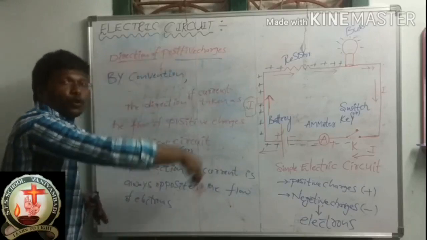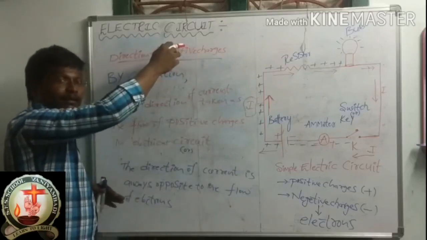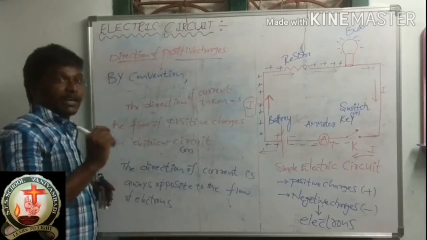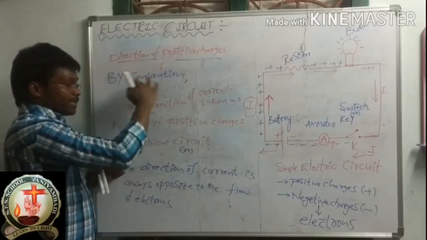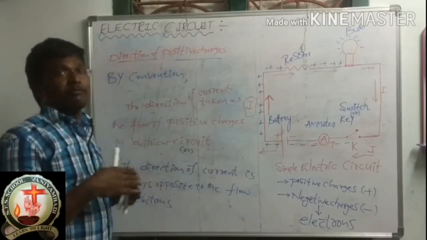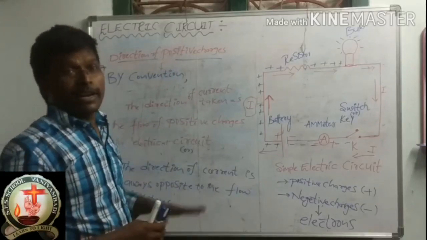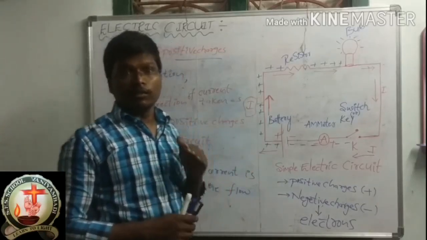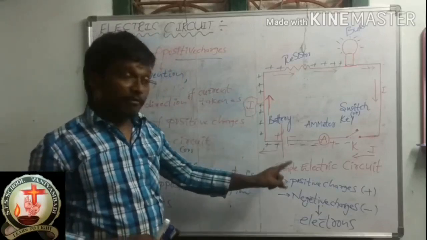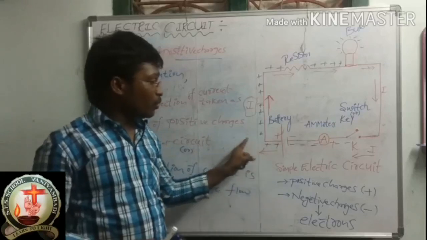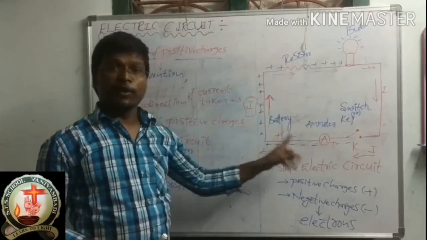It is a very important definition, a very important point. By convention procedure we are telling these two. So finally, what is the direction of the current in any electrical circuit? The direction of the current in an electrical circuit is always from the positive terminal of the battery to the negative terminal of the battery.